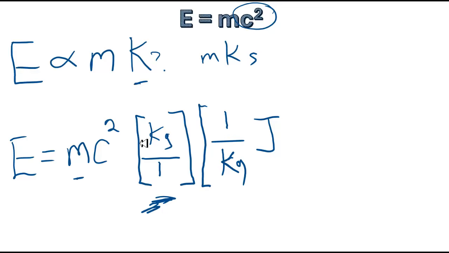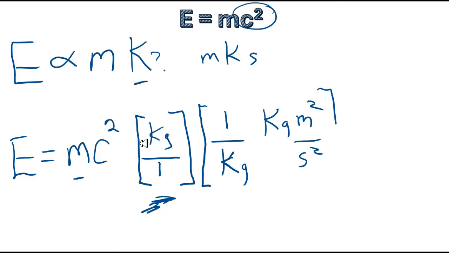And so what I'm going to do is, instead of writing the units of joule like this, I'm going to write the units of joule as kilogram meters squared per second squared, right?